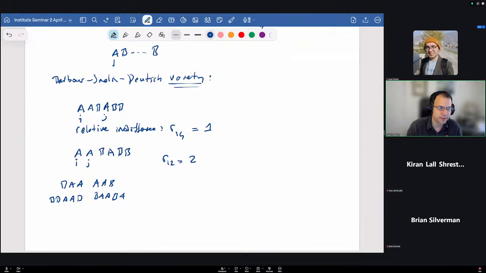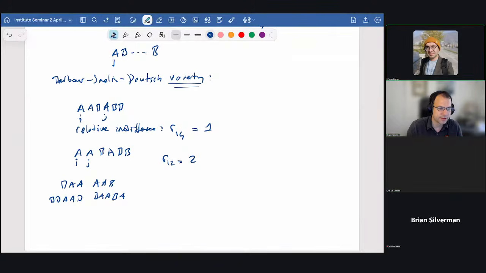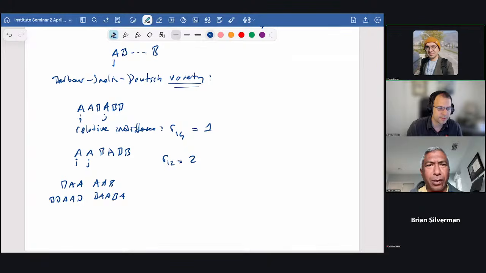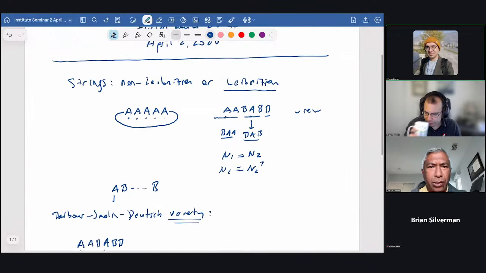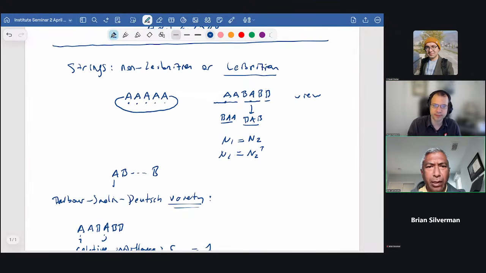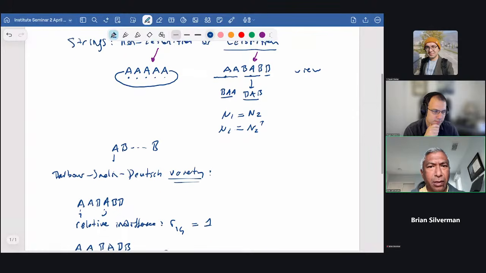Sorry, could you please go up a little bit? Those initial strings that you showed, AAAAA and AAB, ABB, which one is Leibnizian and which one is non-Leibnizian? This is the Leibnizian one, and this is the non-Leibnizian. Okay. And a string, let's say ABABA, would that be Leibnizian or non-Leibnizian?